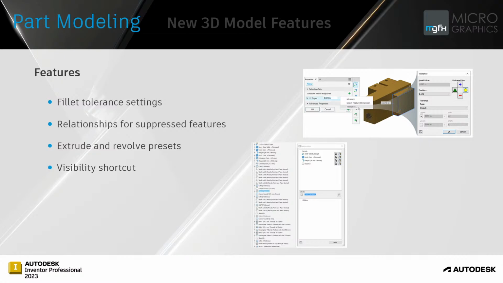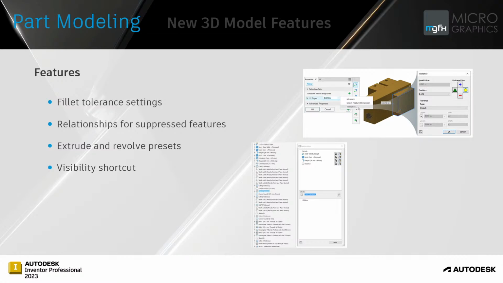The fillet now has tolerance settings. Okay, so if you enter a value for a fillet around a part, around an edge, you'll find that now you can specify tolerances for that radius of that fillet. Okay, you can also have relationships for suppressed features, which was never there previously, and you can also extrude and revolve presets.